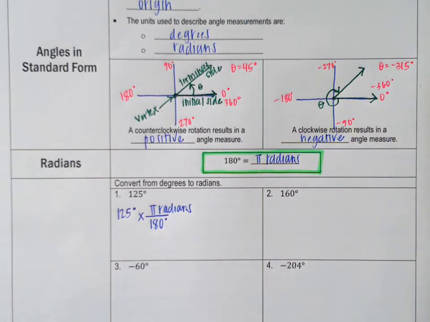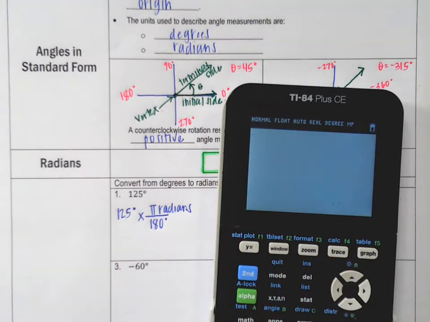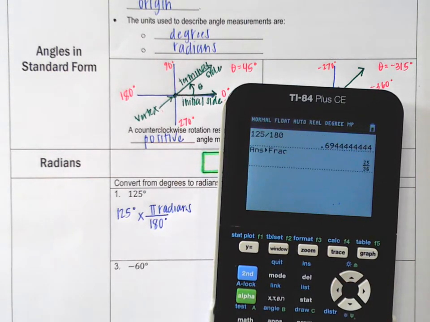Then I would just do that math in my calculator. We're going to ignore the pi for now, and just do 125 divided by 180. Now, I do not want you to write it as a decimal. Radians should always be written in fraction form. So we're going to convert it to a fraction and simplify it.